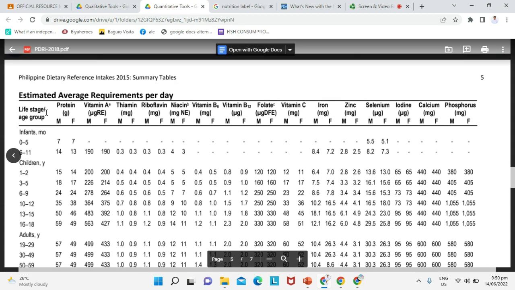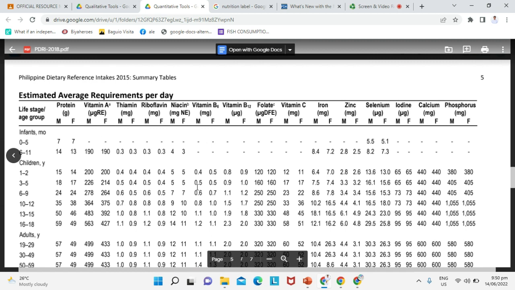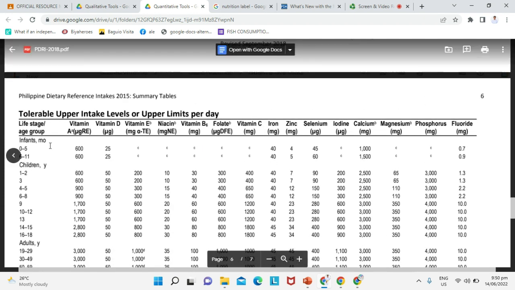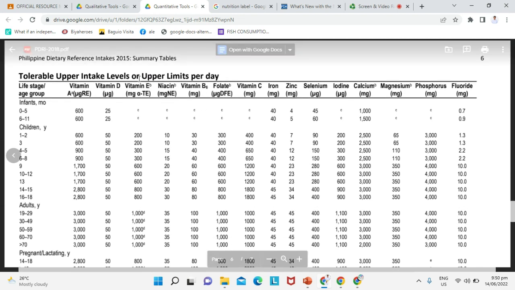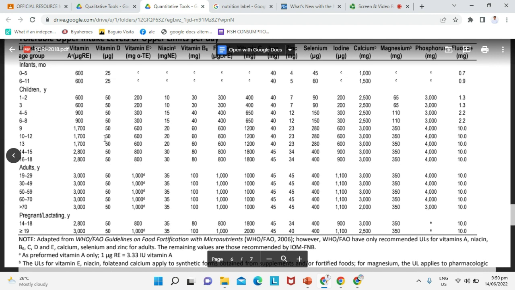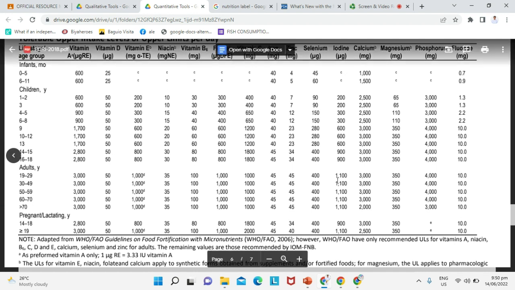So, kani ginagamit ni siya sa population nga level, and these values just suffice 50% of the nutrient requirements of the population. Okay? And the last section is concerned with the upper intake levels or upper limits. So, these values specify the maximum amount of nutrients allowed per day.